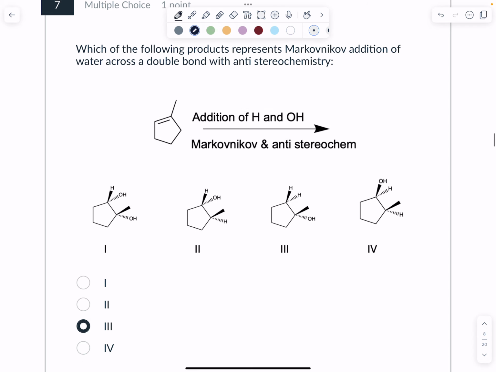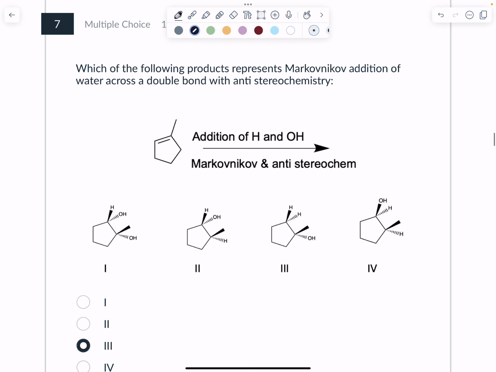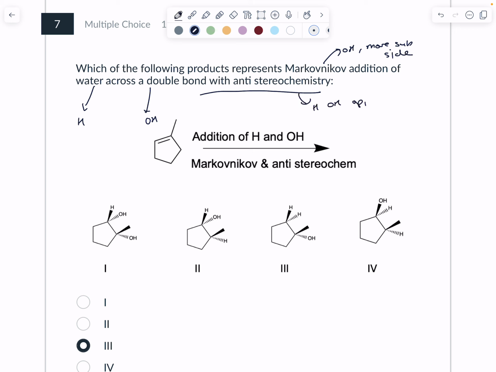Okay, which of the following represents Markovnikov addition of water across a double bond with anti-stereochemistry? So I'm looking for adding H on one side, OH on the other. Markovnikov means that the OH is the nucleophile, goes on the more substituted side. And the anti-stereochemistry means the H and the OH are opposite, like wedge dash.